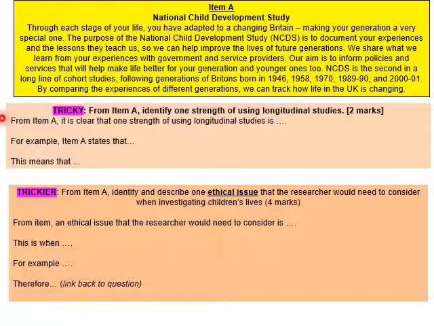So here we have a longitudinal study where researchers have interviewed generations of people born in several different years and have compared the experiences of different generations. And this was done in order to help inform policies and services as a means of making life better for younger generations.